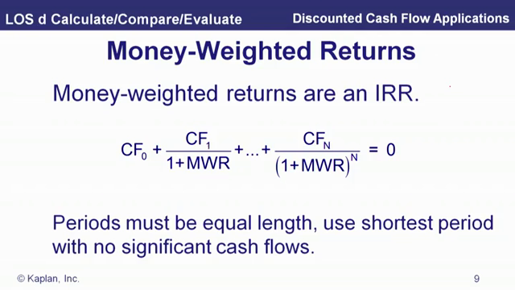And so we really would have to use the shortest period between significant cash flows and use that throughout. So the periods must be equal length, and we use the shortest period between significant cash flows. But I think more what you want to get out of this right now is just an intuition and qualitative understanding of what this money-weighted return is.